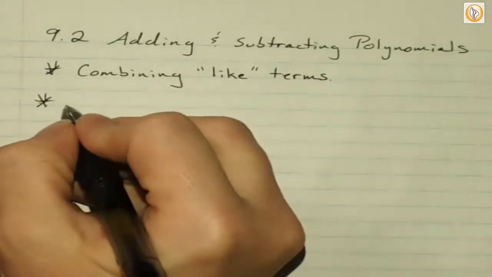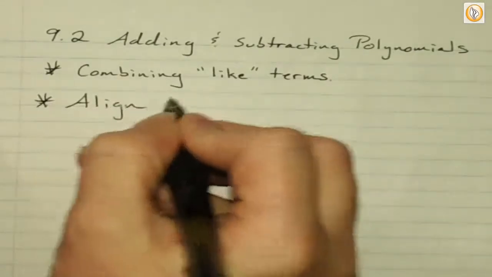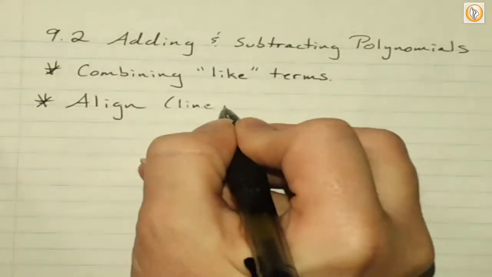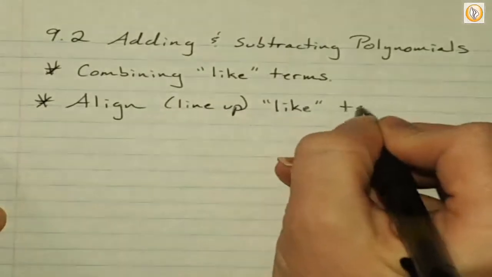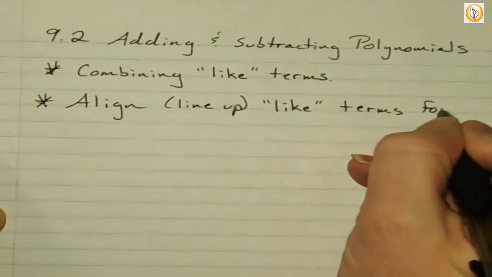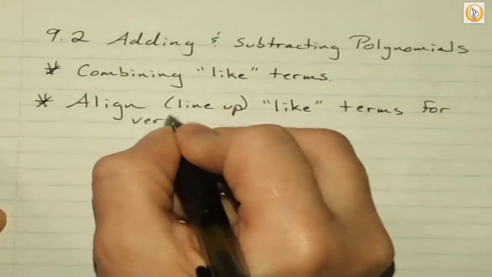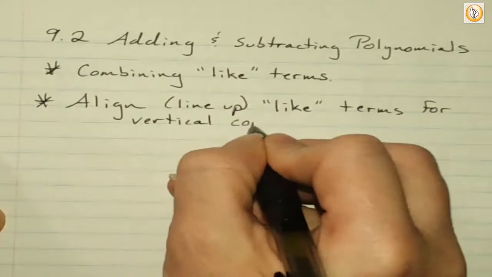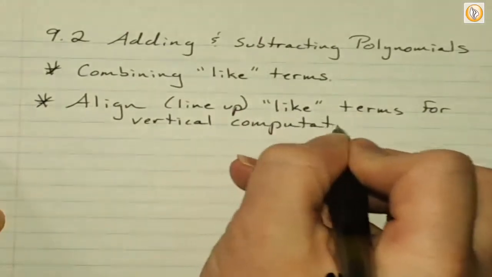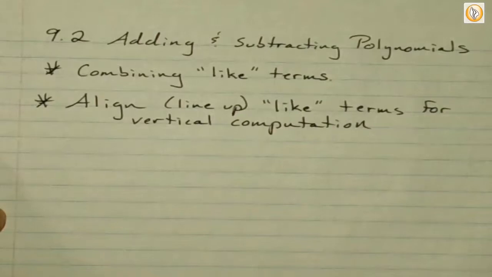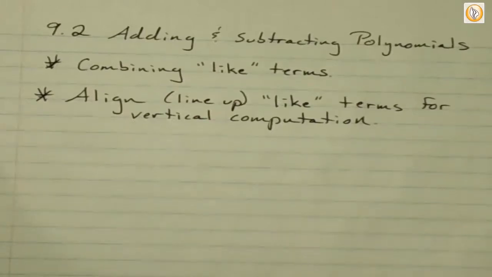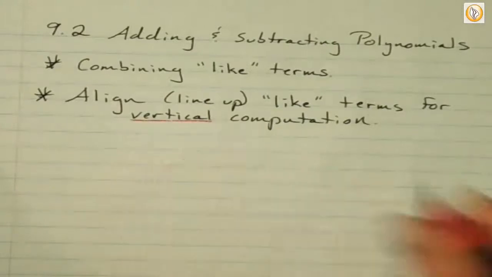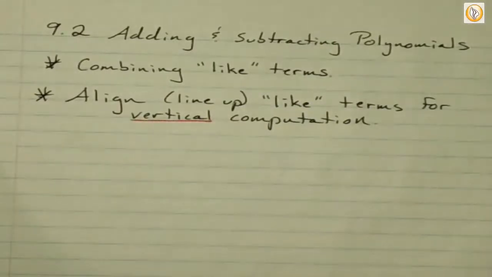So, you can line up like terms for vertical computation. That right there seems to be the method that most people feel comfortable with. Okay? It's just the way their brains work.